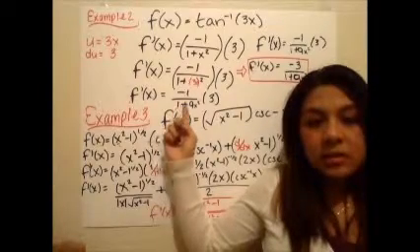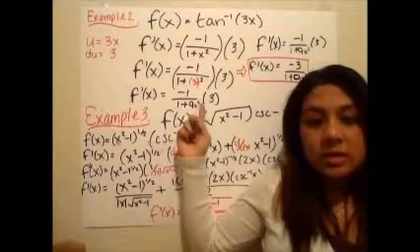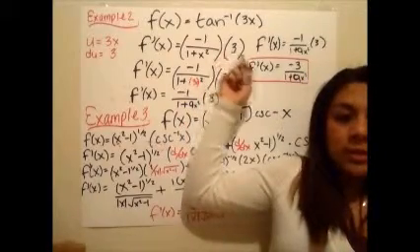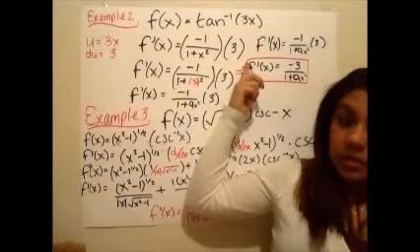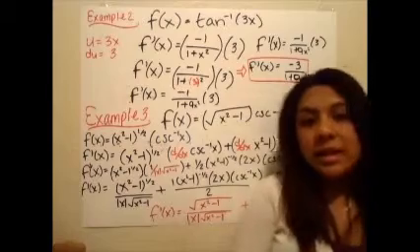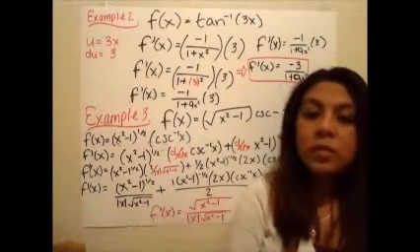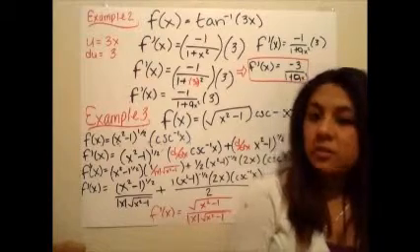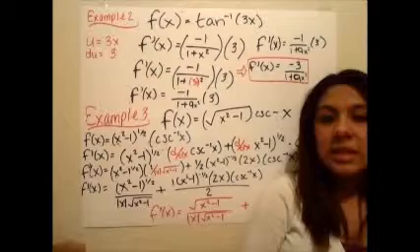You're going to get negative 1 over 1 plus 9x squared times 3. So over here, f prime of x equals negative 1 over 1 plus 9x squared times 3. And you're going to get f prime of x equals negative 3 over 1 plus 9x squared.